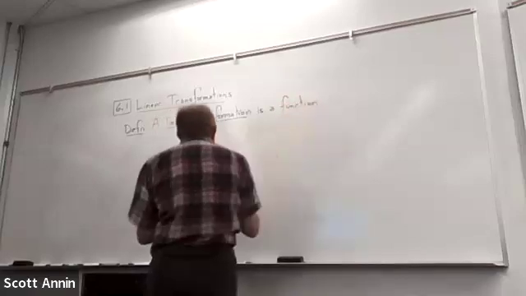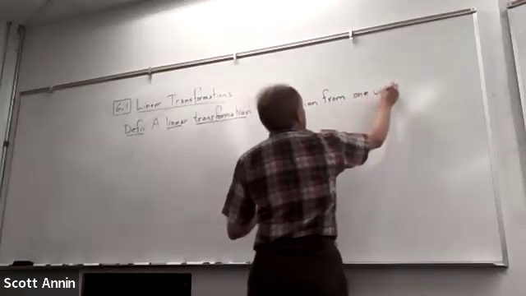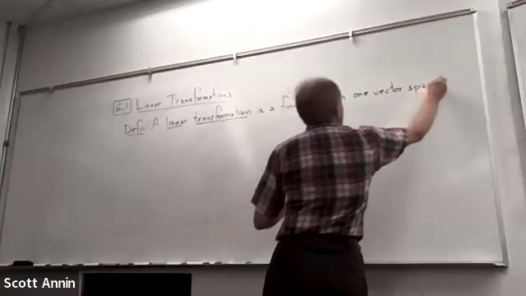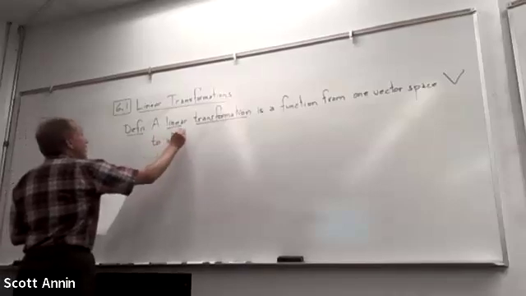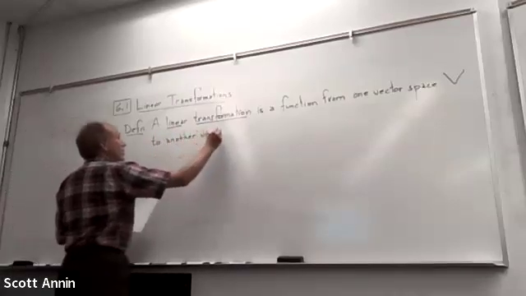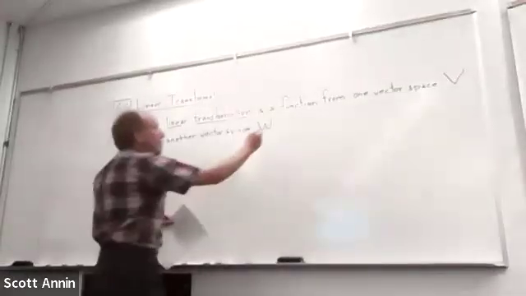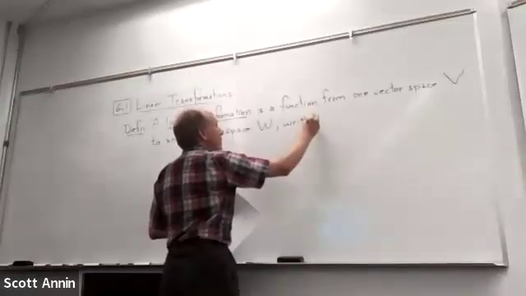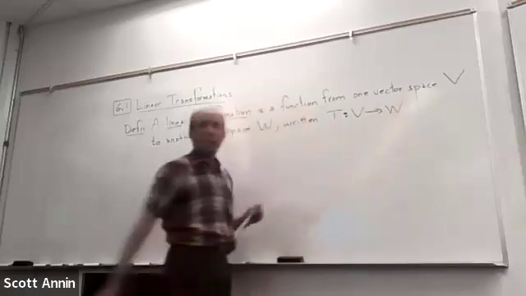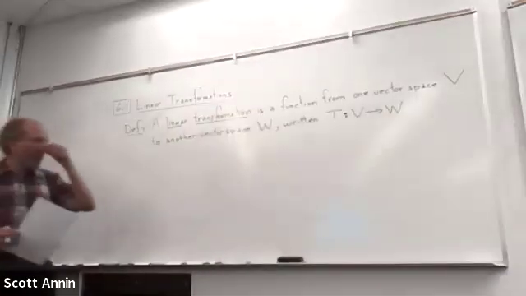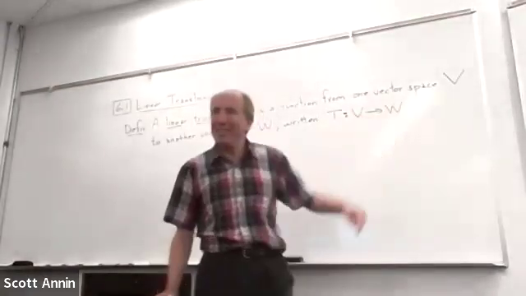First and foremost, it is a function from one vector space, I'll call it V, to another vector space W. And this is written T, colon, from V to W. So whenever you have a function, you always try to explain what your input space is and what your output space is.